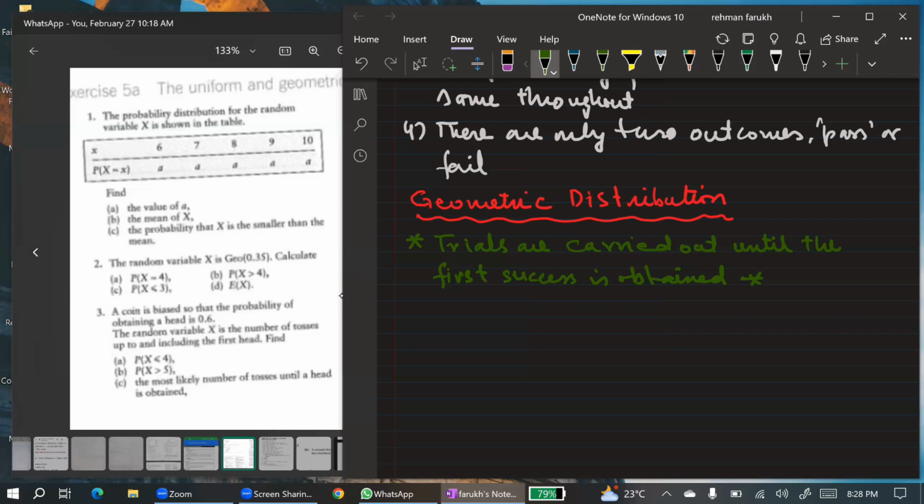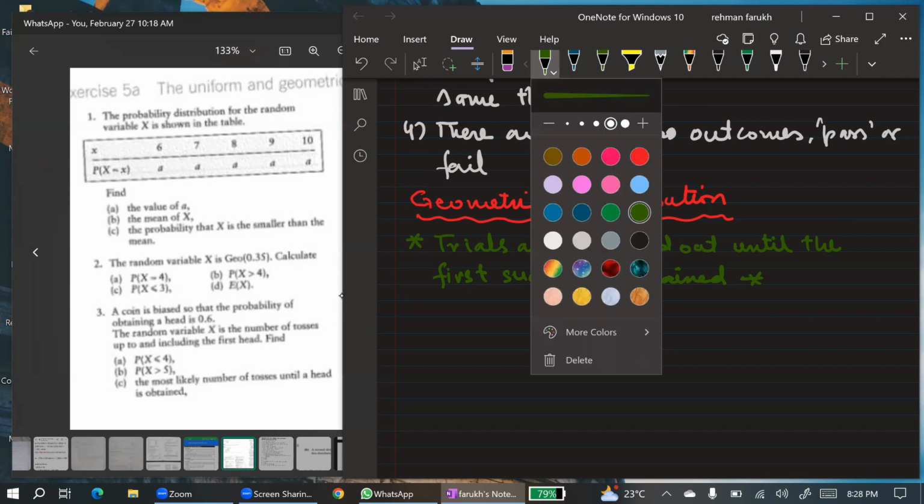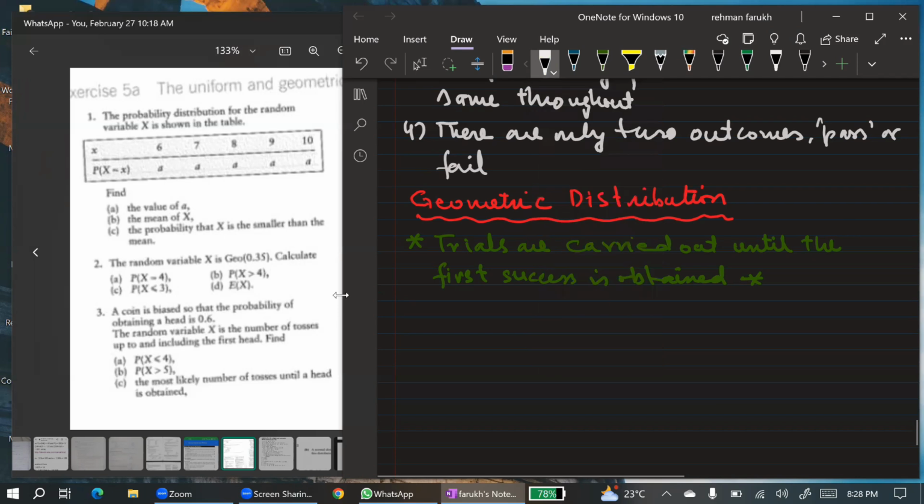Now the other conditions. Green color is the difference between binomial and geometric distribution. Now the conditions for geometric distribution. Number one.